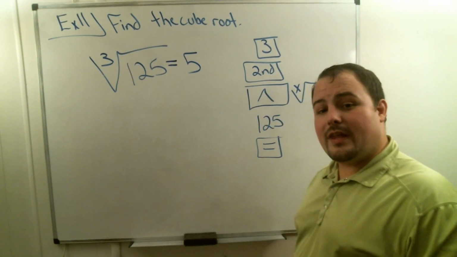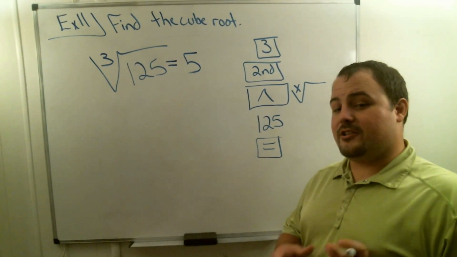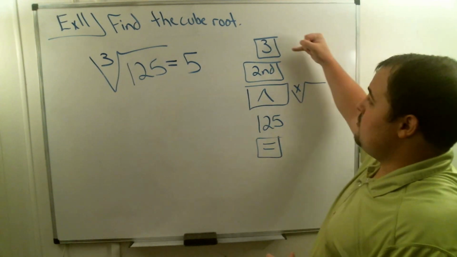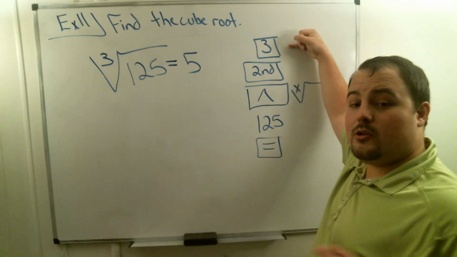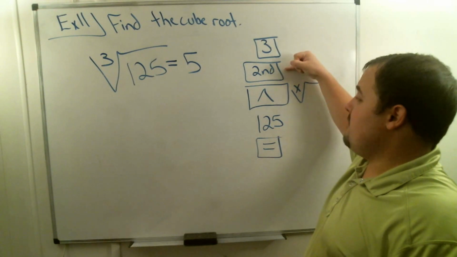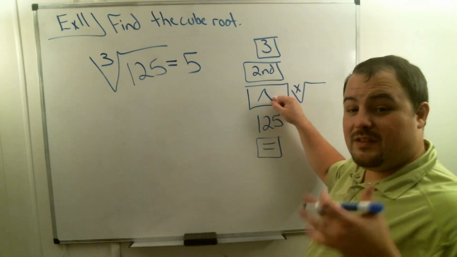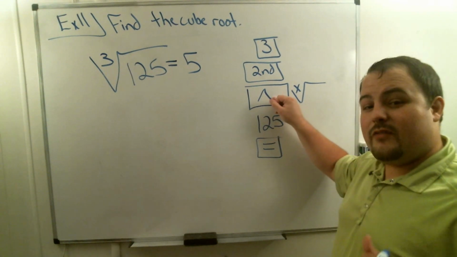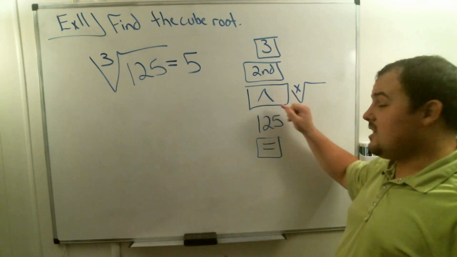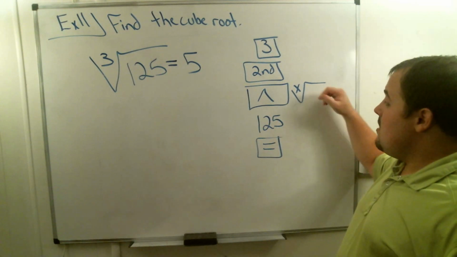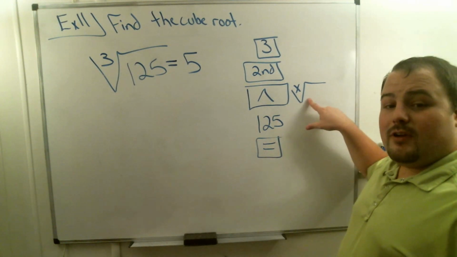Now, if you didn't know that, you have these awesome calculators that you use in class. What you would do is press 3, which tells your calculator you want to take the 3rd root. You're going to press second, and then you're going to press the root, or the exponent button, but instead of it showing up as an exponent, it's going to show up like this. Notice that there's an x inside the radical sign.